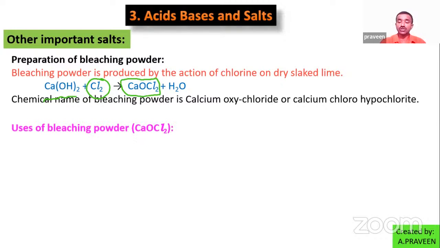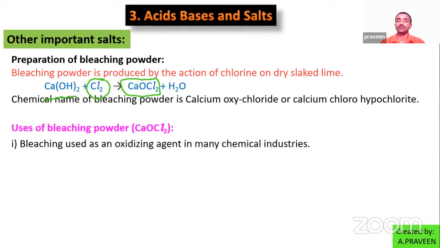It is used in our daily life, in water as a source of chlorine gas, but it is used in different sectors. Bleaching powder is used as an oxidizing agent in the chemical industry. It is used to treat wood pulp, to remove the color in the paper industry.